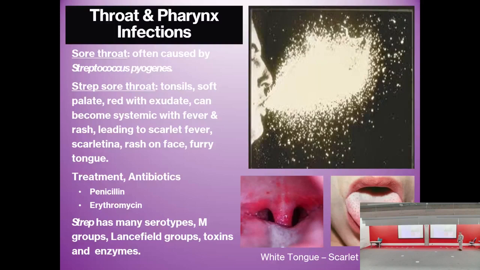You develop what's called furry tongue. You can see an example here of a white tongue, which is kind of furry. That's treated by antibiotics, so erythromycin and penicillin as well. So you need an antibiotic to treat these things, and it's spread by coughing, sneezing, things like this.